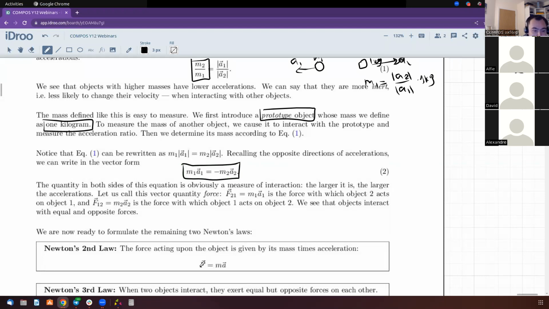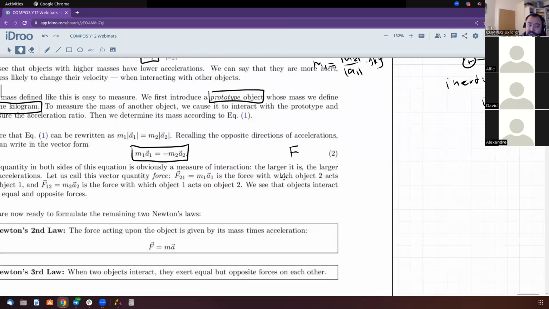And then we just define the force as mass times the acceleration. So we've defined the mass. The mass is the ratio of accelerations, and mass times acceleration we define as a force. We use this as a definition of a force.